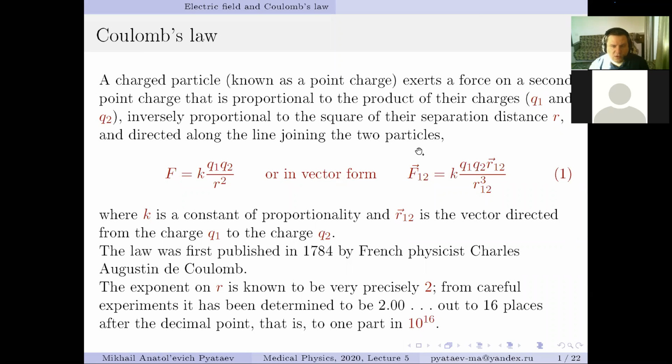Using this vector, we can represent the force in terms of this equation. One can see that the power is 3 in the denominator now, but it doesn't mean that force is inversely proportional to the cube of radius, because we have radius to power 1 in the numerator, but it is not only the absolute value, it is vector R12.